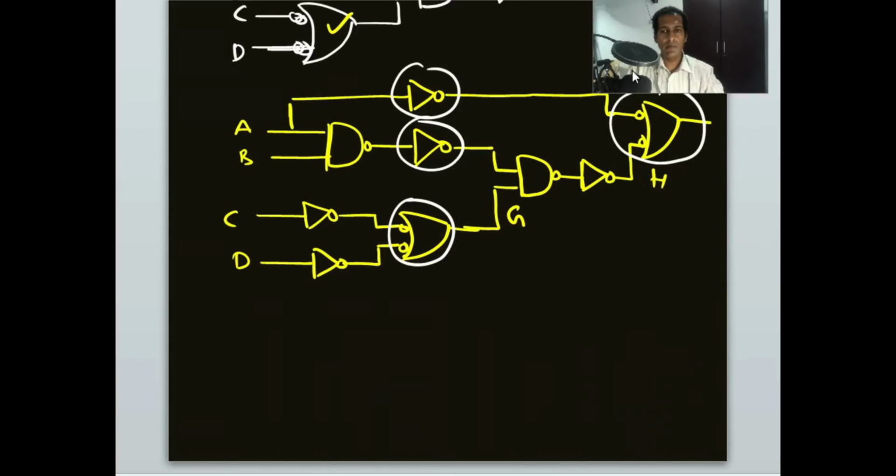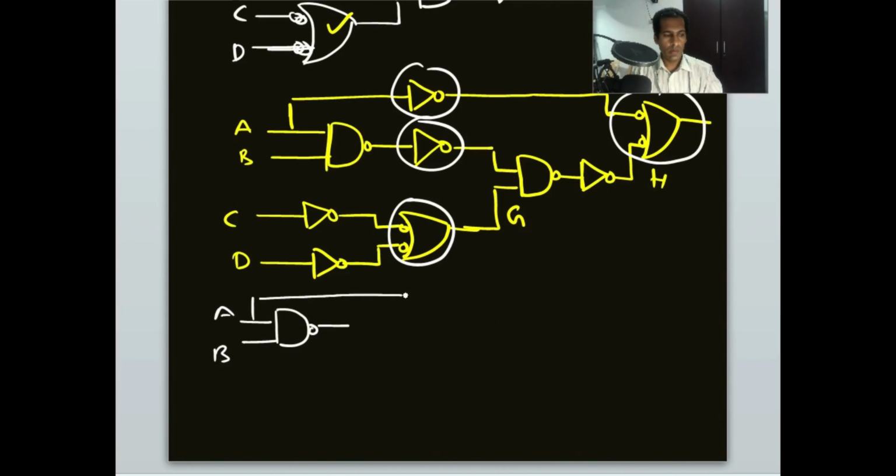So everywhere we will get NAND gates. Let us redraw this. First we have this NAND gate. Now this NAND gate is connected. So this is A and B.